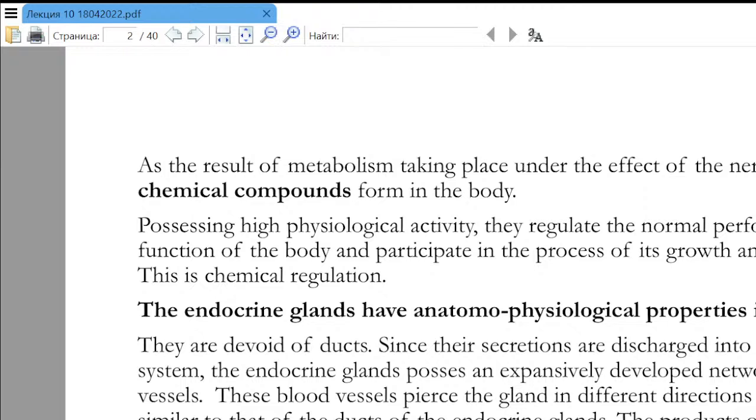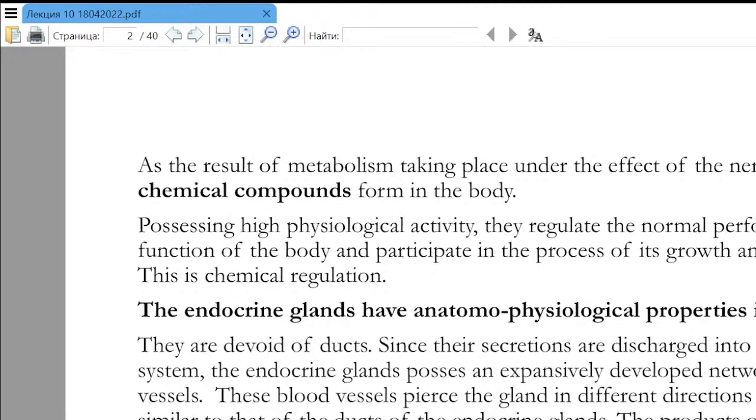The endocrine glands have anatomo-physiological properties in common. They are devoid of ducts, since their secretions are discharged into the blood vascular system. The endocrine glands possess an expansively developed network of blood vessels.